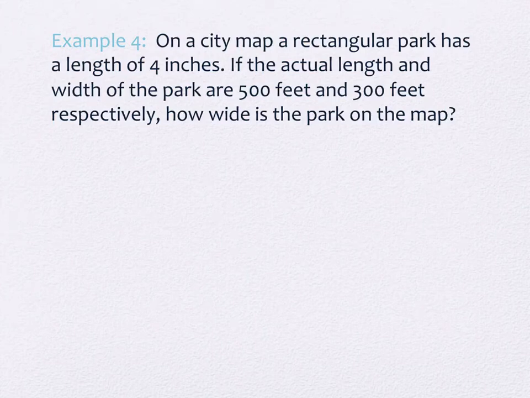Example number 4. On a city map, a rectangular park has a length of 4 inches. If the actual length and width of the park are 500 and 300 feet, respectively, how wide is the park on the map? So every time you're setting these up, you're trying to ask yourself what's being compared. You're always looking for 2 quantities they're comparing. So somebody give me one thing that's being compared here.